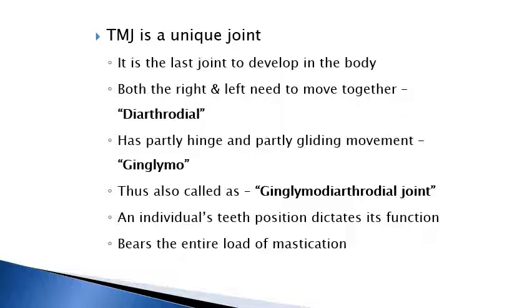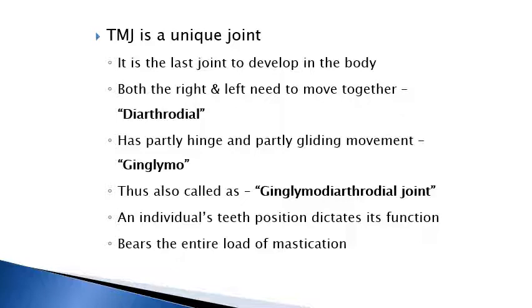And the third point is this joint is partly hinge and partly gliding movement. I'll be showing a video of the functioning of the temporomandibular joint. This particular terminology is Ginglymo. That is, you have two movements which are present in this particular joint. The hinge movement, that is rotation within an axis, is the initial joint movement while opening the mouth.